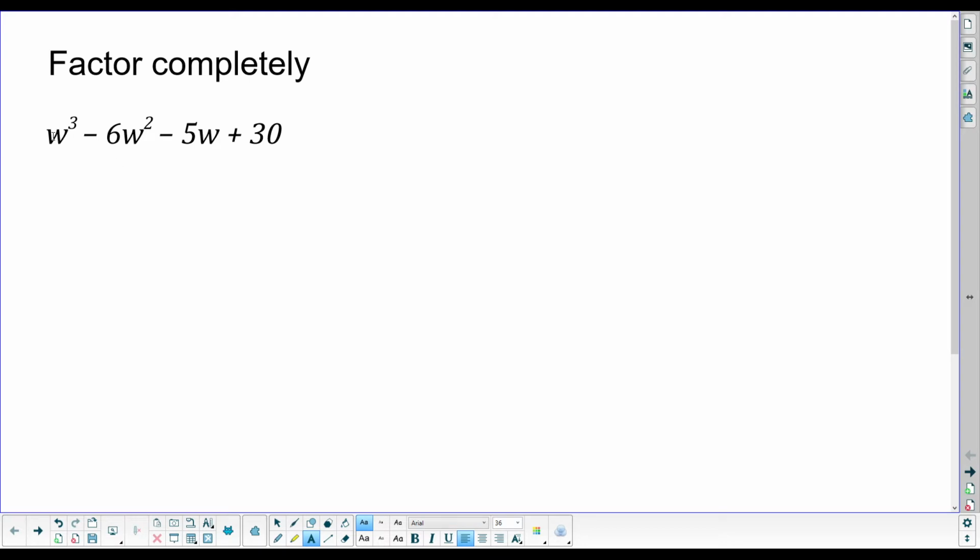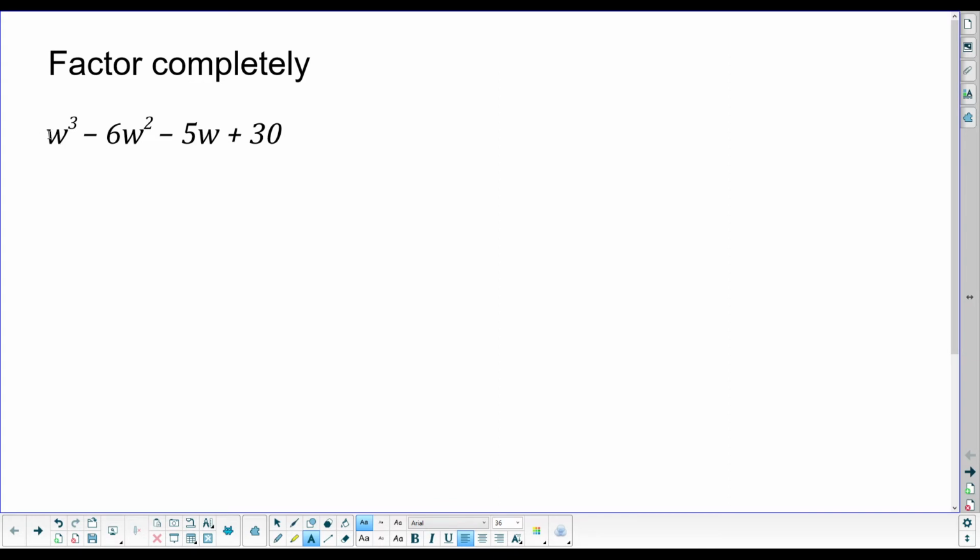So this isn't a quadratic, so we can't use our normal ways of factoring quadratics like magic X or putting it into two pairs or whatever. So this is a little bit different. There's four terms here, and if we look at all four of these terms, there are no common factors.